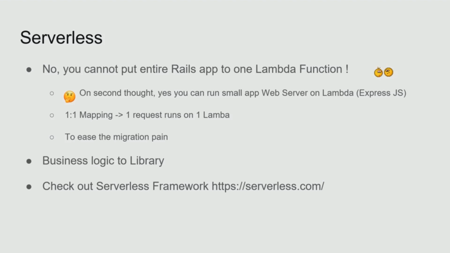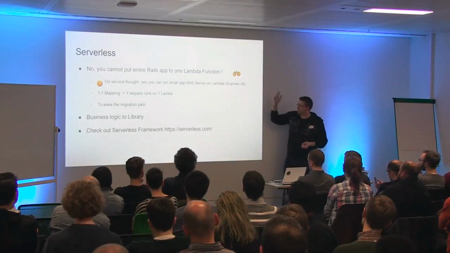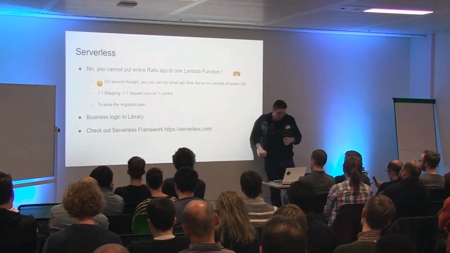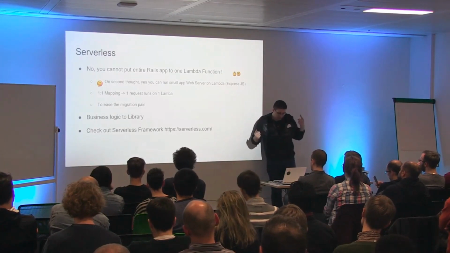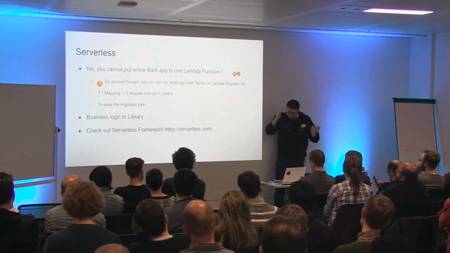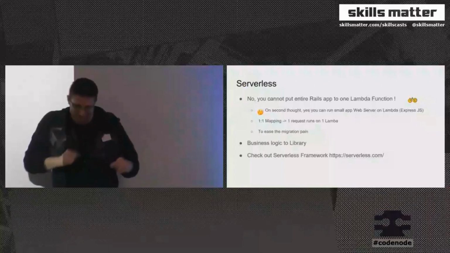So it will spin up the server in every one of them, they will do everything, return some result, and spin down. So you can run Express.js applications like that in Lambda. So it's a one-to-one mapping. And yeah, spin, do its thing, die.